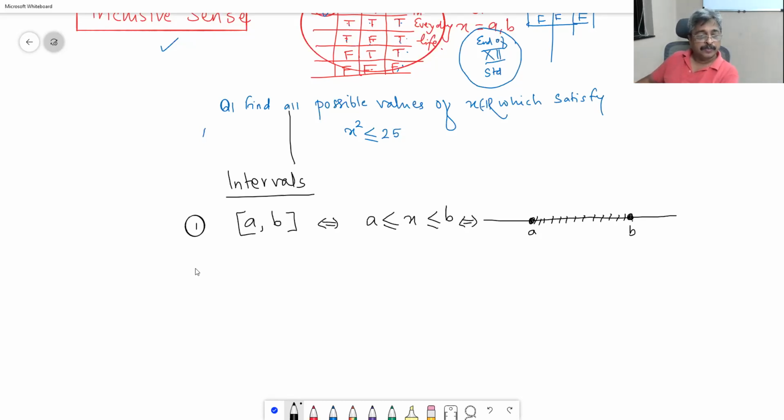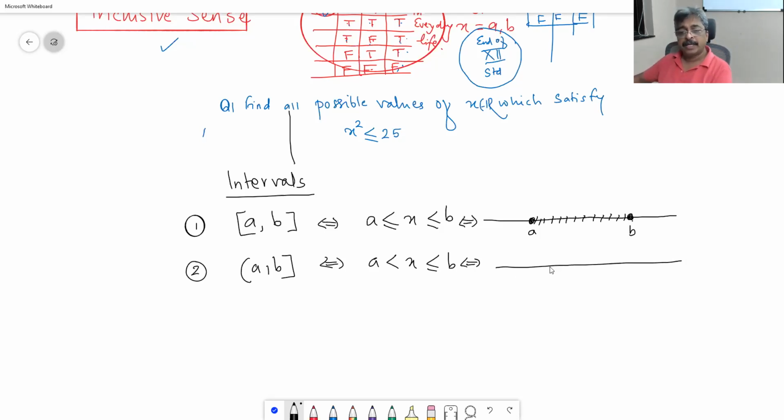This is the first. Second, a comma b: a is less than x is less than or equal to b. Okay, you start doing your work also, because there are about 9 diagrams we are supposed to draw. Dash, dash, dash, dash, dash, dark circle. This is a, this is b. Interval number 3, a comma b.